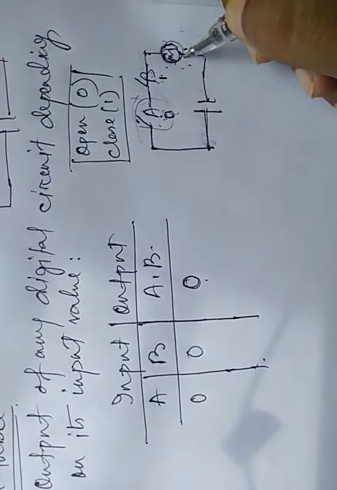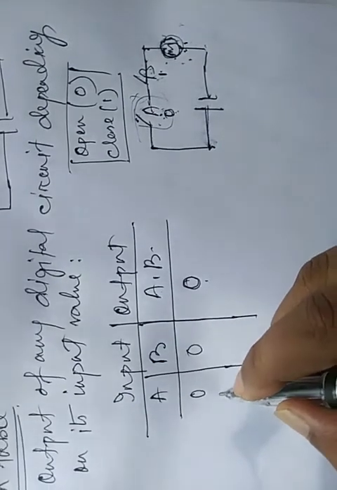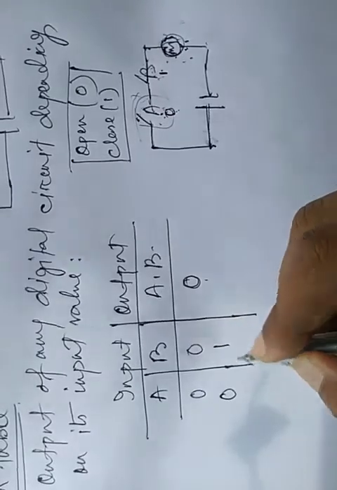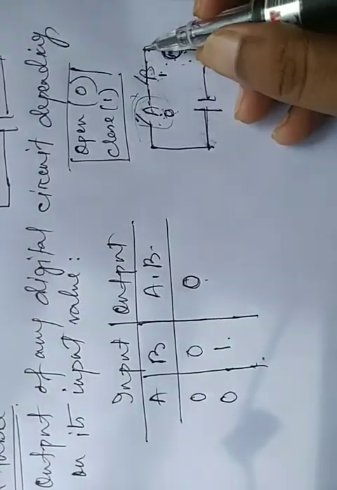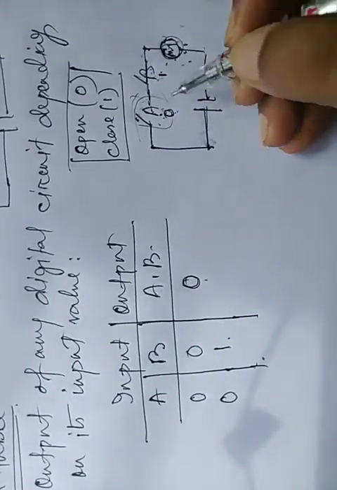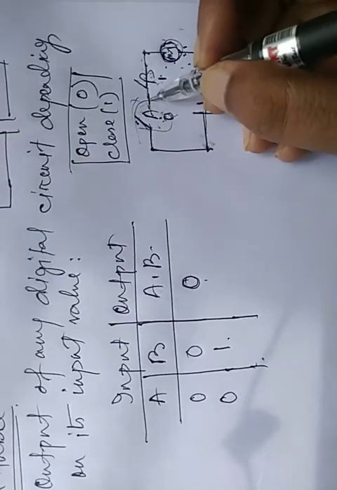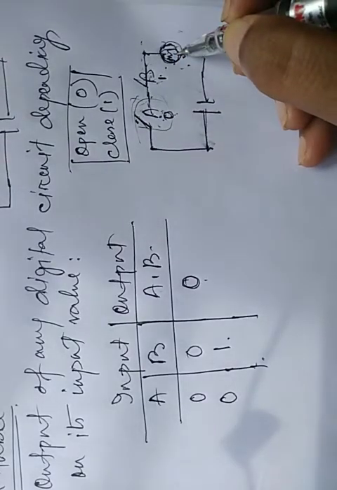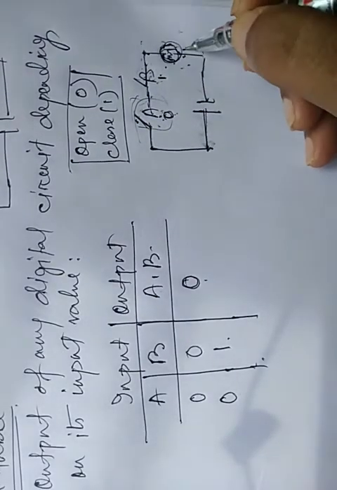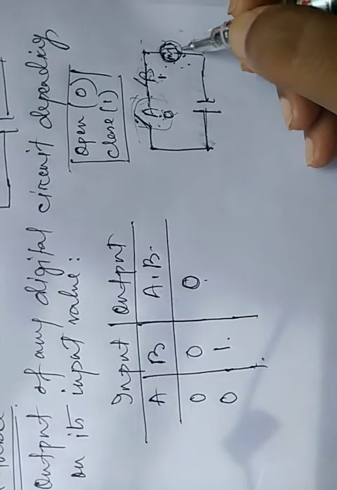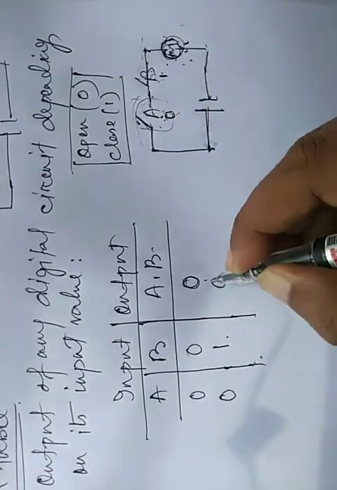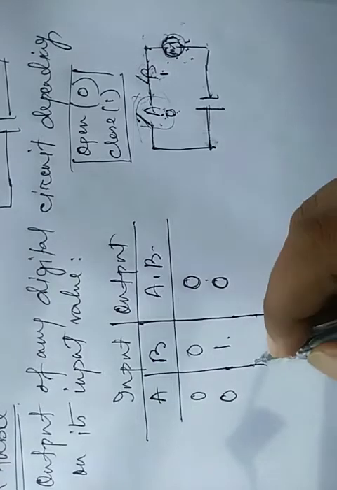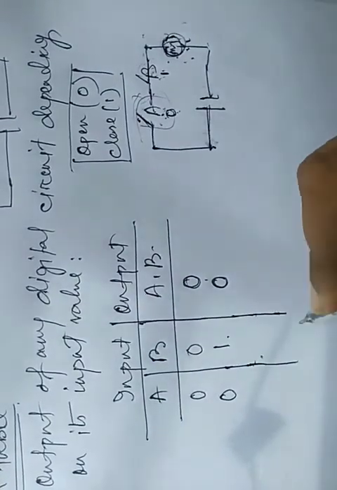So B is closed and current can flow there, but as current cannot flow through A, current will not reach the bulb. So the bulb will not glow. So the output is 0.